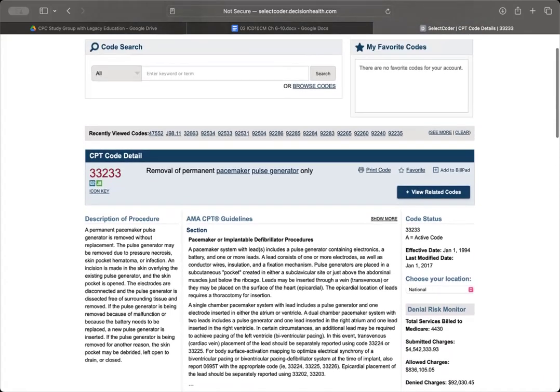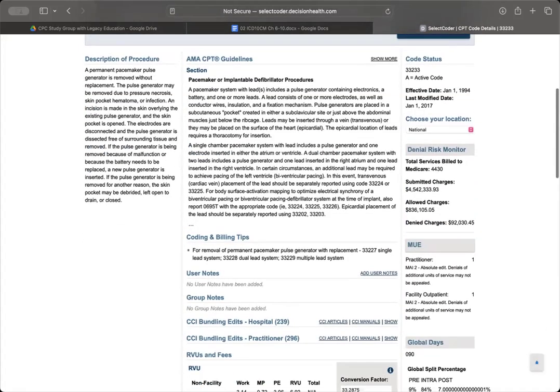Can we see any NCCI information in our actual books, or is that all online only? No, the NCCI information is going to be housed on CMS. The way that NCCI works is it's actually four Excel file documents, because your NCCI edits are so large that it's impossible to put it all in one.